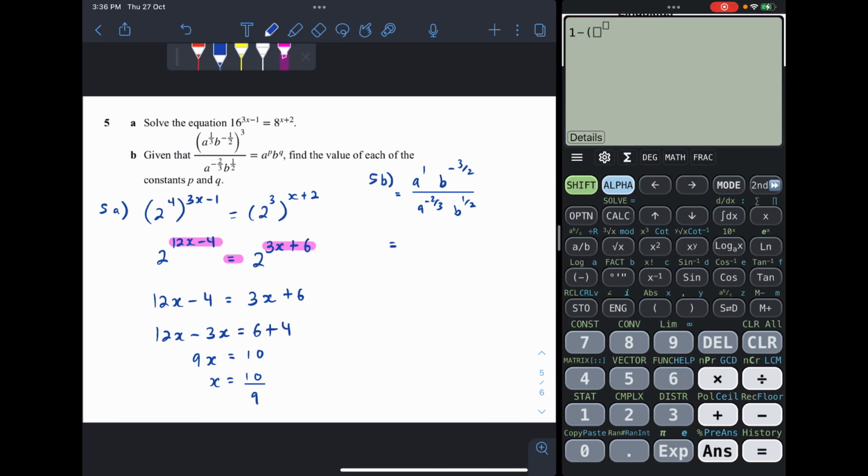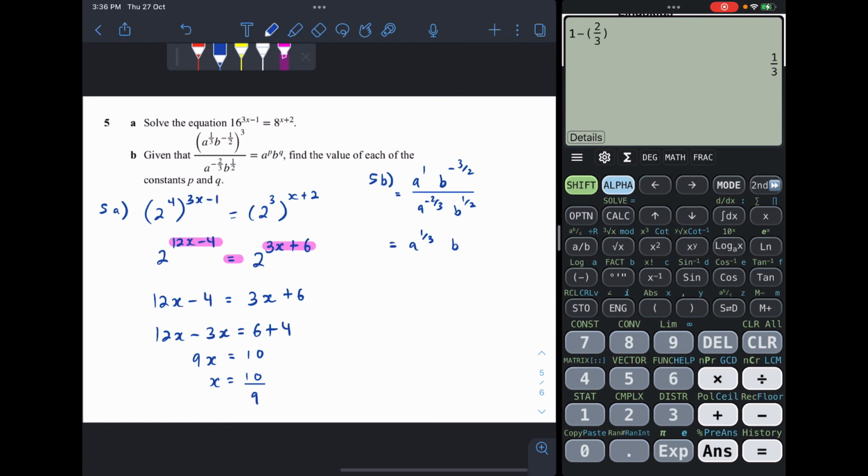So you've got 1 minus bracket negative 2 over 3, close bracket. That gives 1 over 3. If you don't get to use the calculator, just do what you normally would do for fractions. So a is 1 over 3.